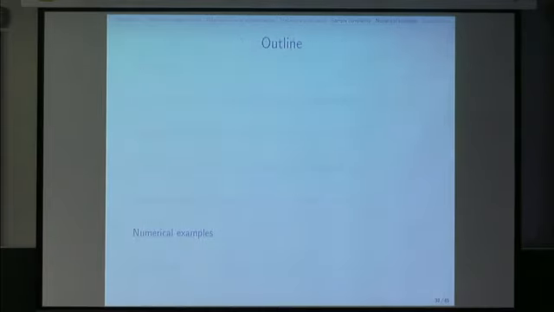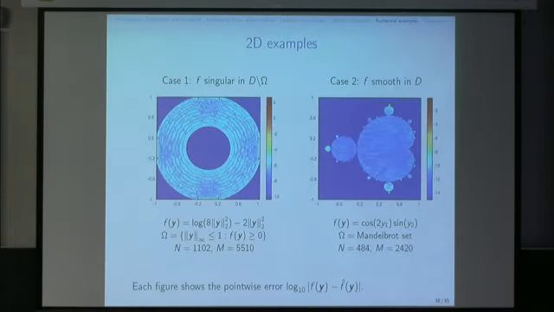Okay, so just to finish up, let me show a few numerical examples. First of all, let me start with a 2D example, just to point out that this really does work. Here are 2 functions of 2 variables. You can see their domains here. On the left, this is obviously a Lipschitz domain, and we have a function f that's singular at 0. So it's singular on D, but smooth on omega. And we can approximate it to roughly 10 digits of accuracy.